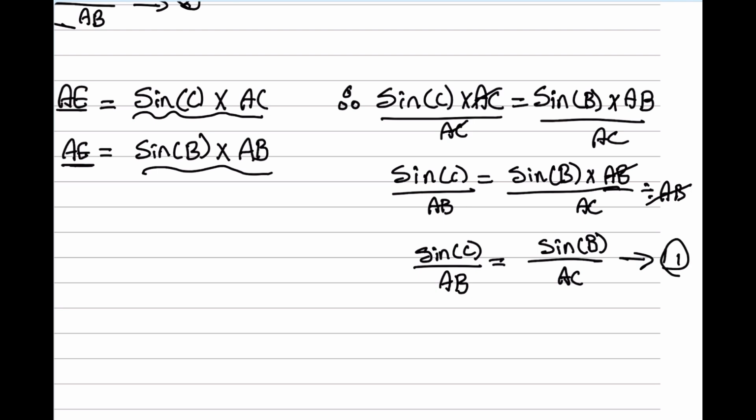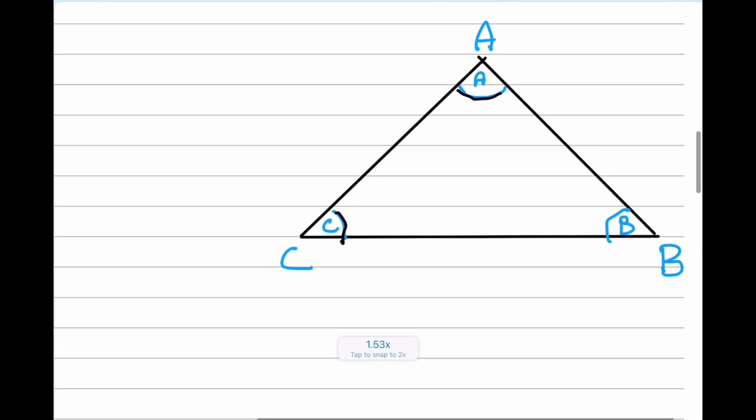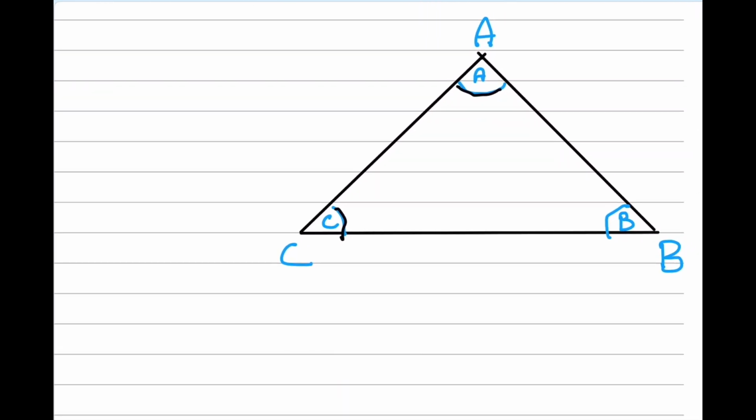For the second step, we have the same triangle with the same angles. Last time we made an altitude from the vertex A to make a perpendicular on the side BC. But now we are going to take the vertex B or the vertex C, it doesn't matter.